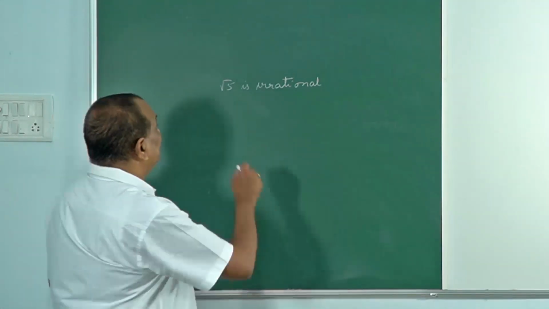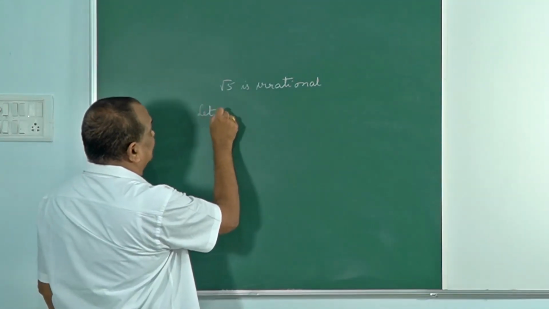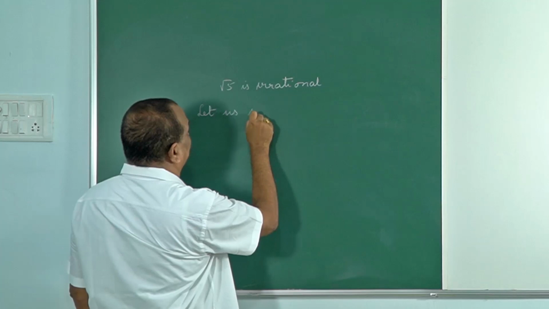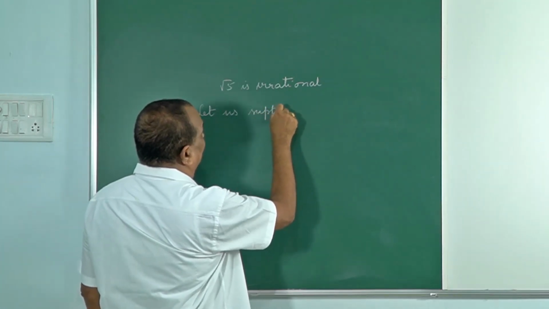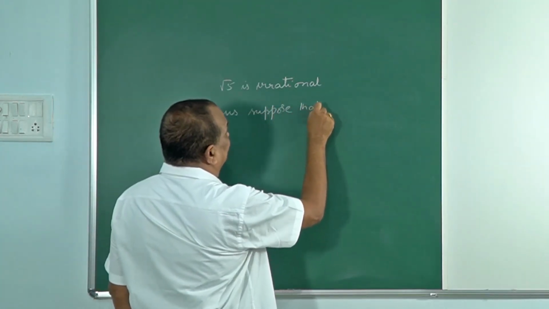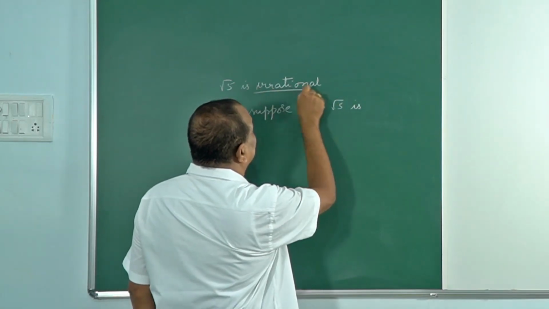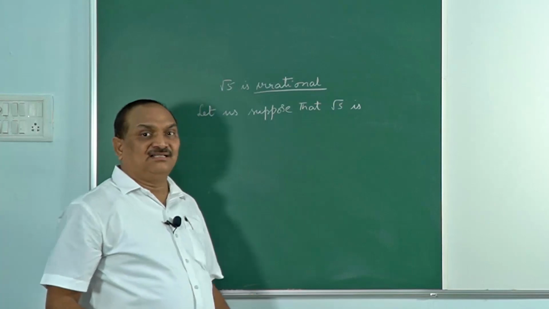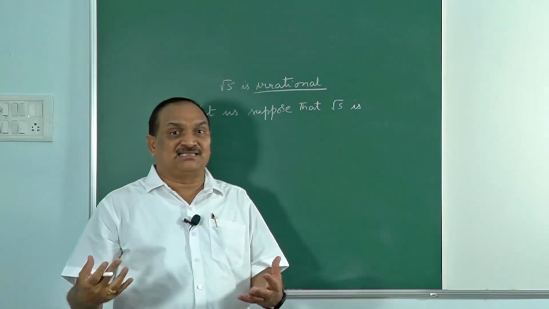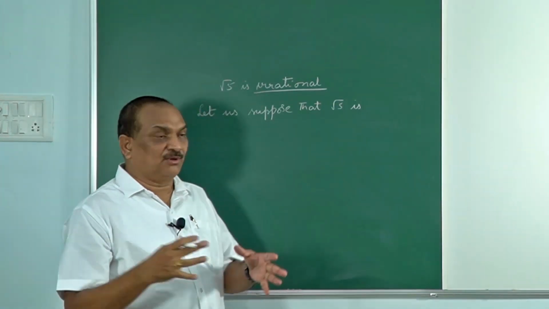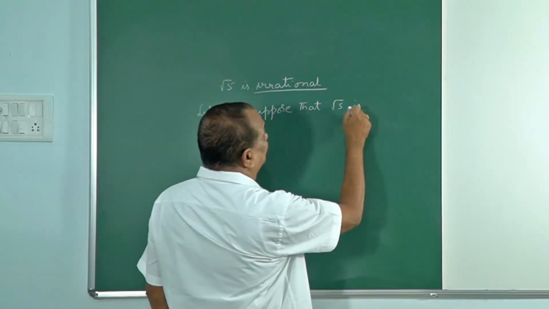So let us suppose, this is an assumption, that root 5 is rational. You can't suppose that it is irrational, if you have to prove that it is irrational. You can suppose that it is rational; there is no problem. Let us suppose that root 5 is rational.